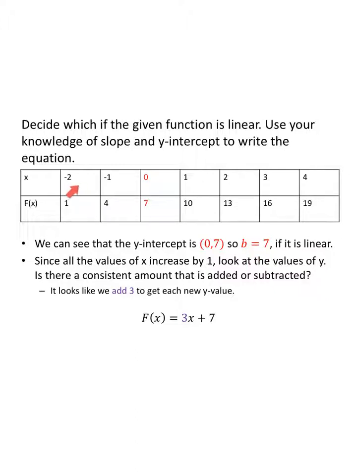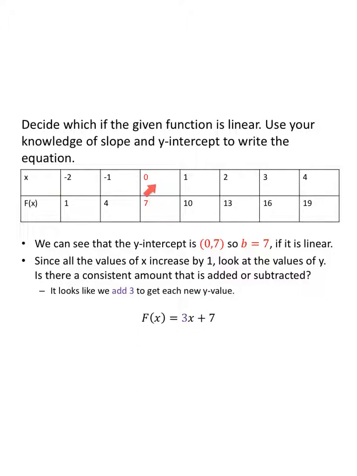So if this is a linear equation, we know b equals 7. Now, the x values all increase by 1. To get to the next x value, we increase by 1. That's constant. It's consistent. So let's look if there's consistency in our y values. To get from 1 to 4, we add 3. 1 plus 3 is 4, plus 3 is 7, plus 3 is 10, plus 3, plus 3. It looks like we add 3 to get each new y value, and that's exactly what the slope tells us.